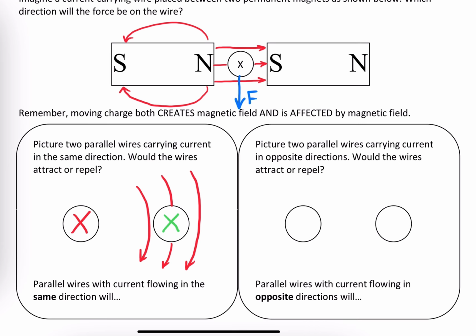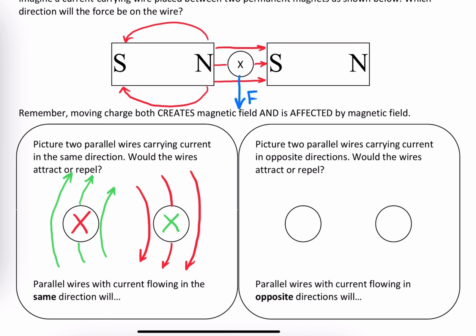We'll just draw a few of the field lines over here where the other wire is, because that's the region we're interested in. So each of these wires is creating a magnetic field where the other wire is. And now each of these wires is going to be affected by the other one's magnetic field.